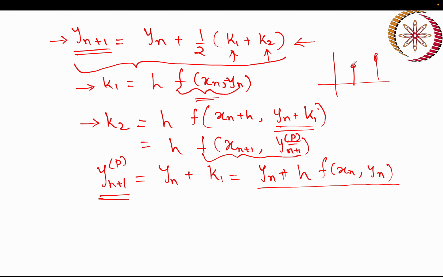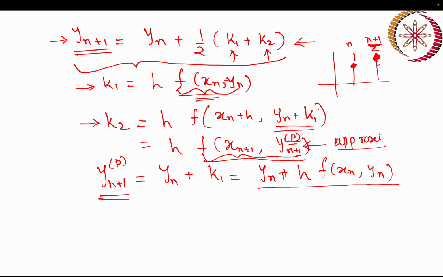So in this case we are computing the slope at this location by this function, and at the next location we are computing the slope by this, let's say location 1 and location 2, that is n and n plus 1. At the n plus 1 location we don't have the exact value of y, so here we are using the approximate value.